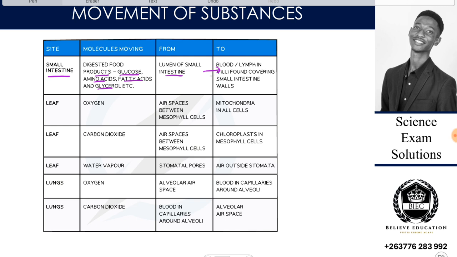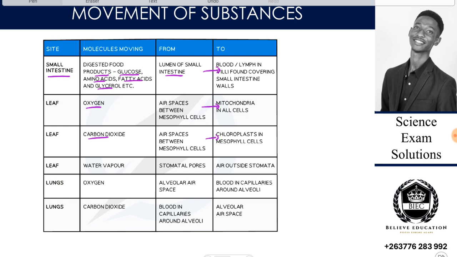Then we also have the leaf, with oxygen moving from the mesophyll cells to the mitochondria, where respiration takes place. Then in the leaf, we also have what? Carbon dioxide. It moves from the air spaces in the mesophyll cells to the chloroplasts. Are we together?